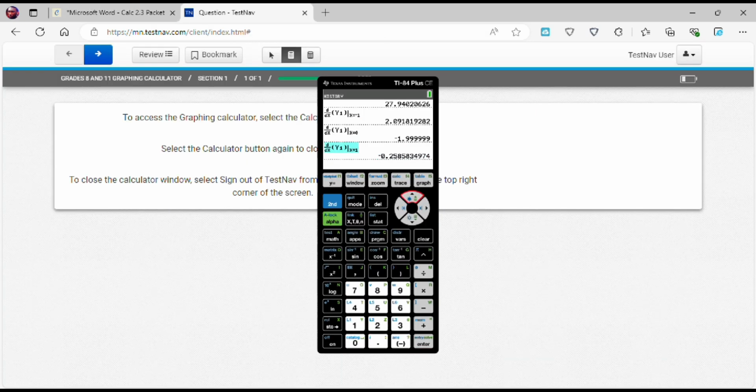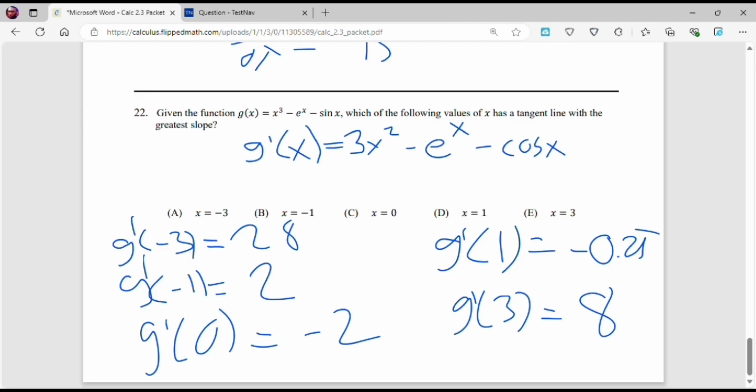And then our last one that we're comparing is the derivative at x equals 3. It's approximately 8. And so g prime of -3 is the largest. And so our greatest slope occurs at x equals -3.